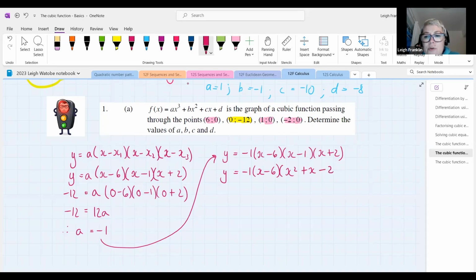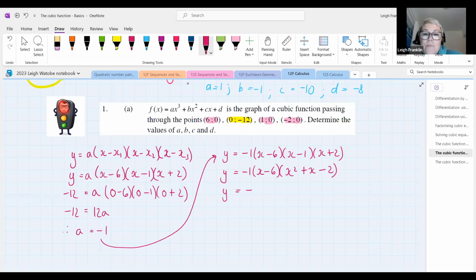So it's negative 2 at the end here because it's a negative times a positive. Well done. Okay, good. And then you can leave the negative 1 on the outside, and then multiply the x minus 6 with x squared plus x minus 2.